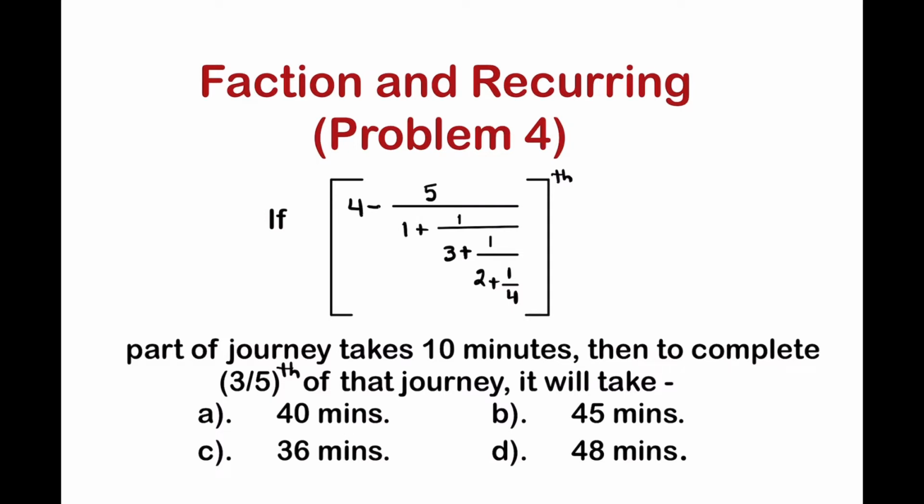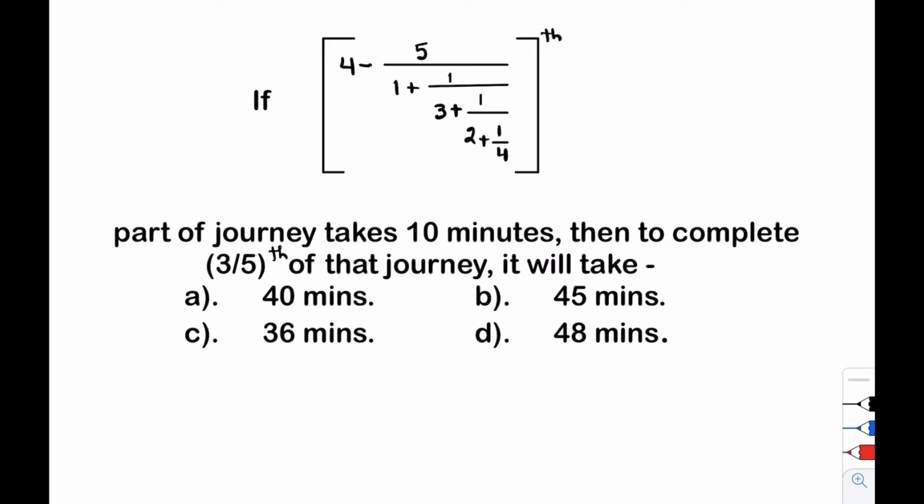Let's start. If 4 minus 5 upon 1 plus 1 by 3 plus 1 by 2 plus 1 by 4th part of a journey takes 10 minutes, then to complete 3 fifth of that journey, how much time will it take? Four options are given: 40 minutes, 45 minutes, 36 minutes and 48 minutes.